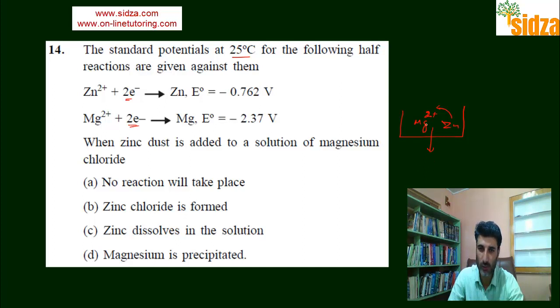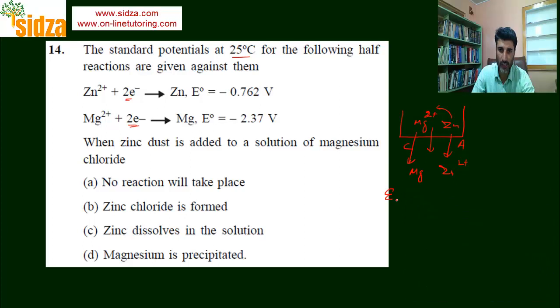Can zinc lose electrons and the magnesium gain? Is it possible to convert the magnesium 2 plus ion into magnesium by the gain of electrons, and the zinc into the zinc 2 plus ion? That means the zinc will undergo oxidation and act as the anode, and the magnesium will gain the electrons, so it will act as the cathode.